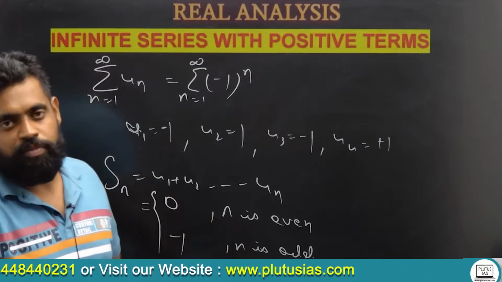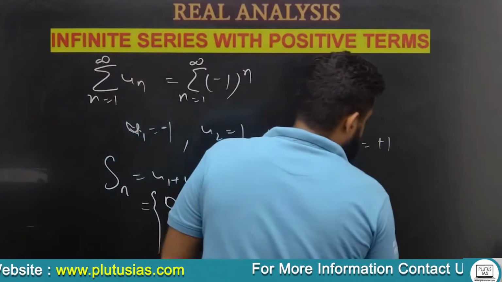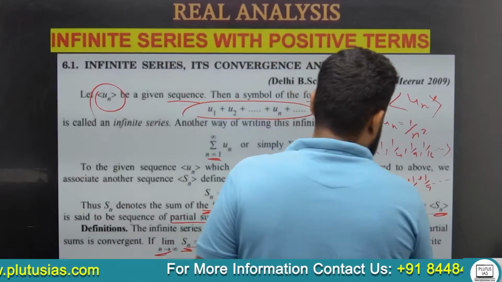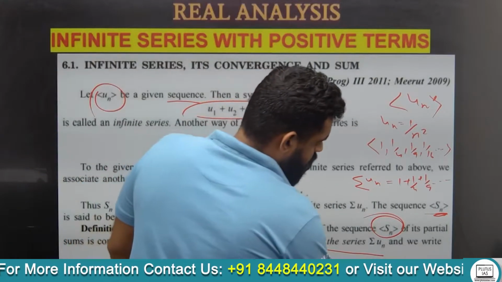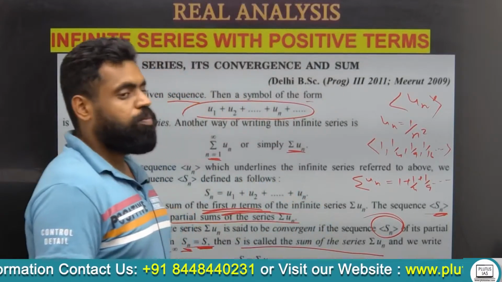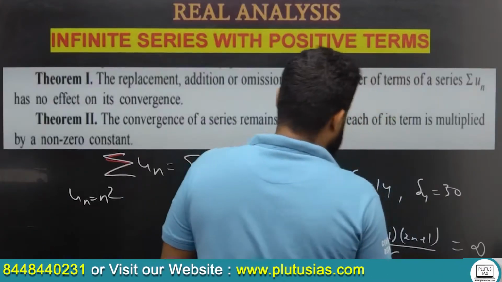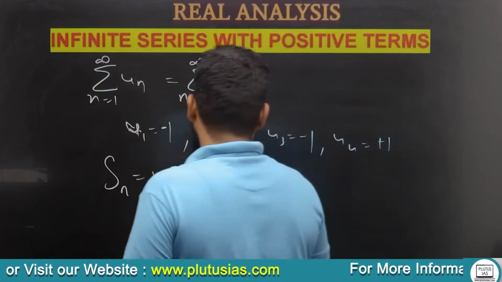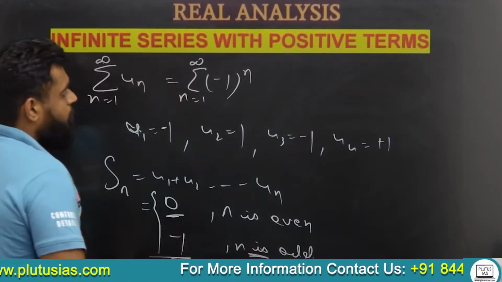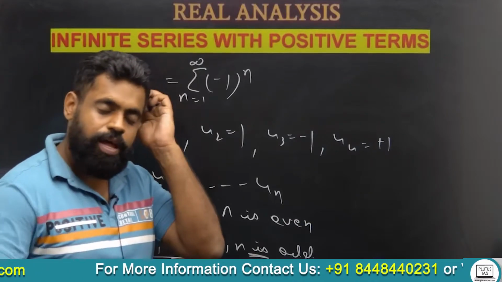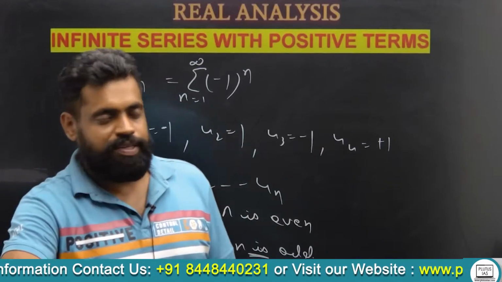That is, it is sometimes 0, sometimes minus 1. So this is called an oscillatory series. If the partial sum oscillates, for every even value you get the value 0, and for every odd value you get the value minus 1. So this is the whole concept of convergent, divergent, and oscillatory series.